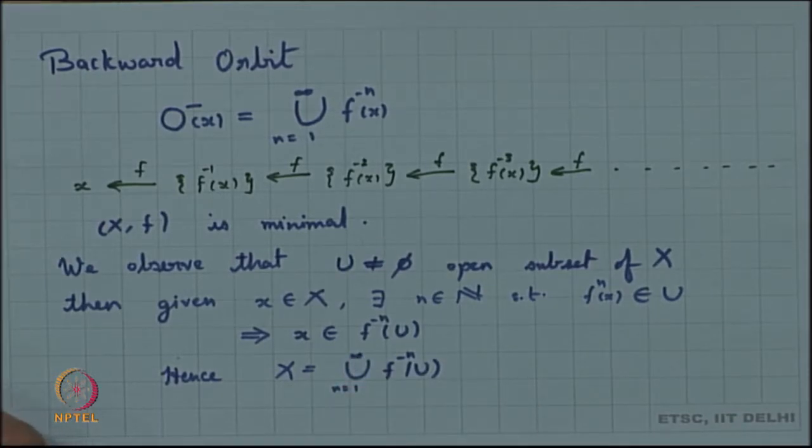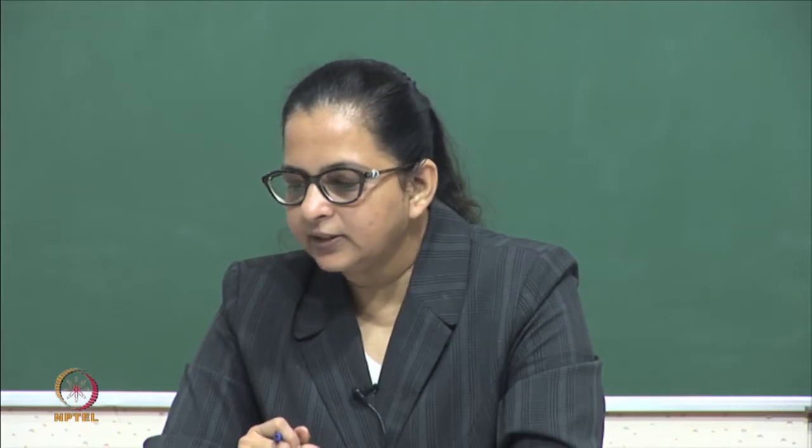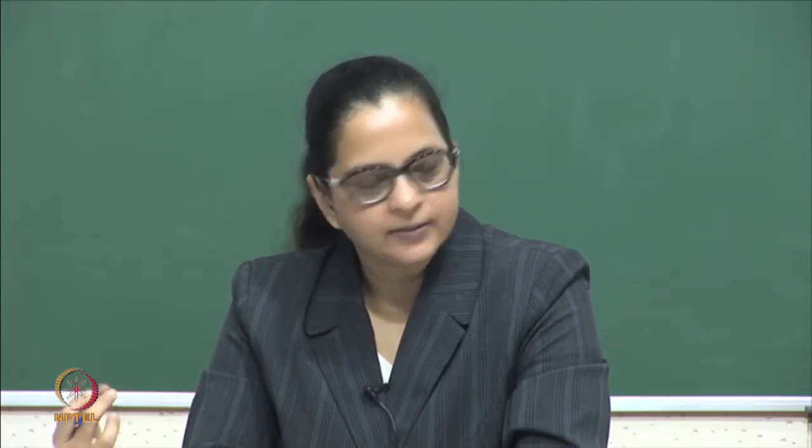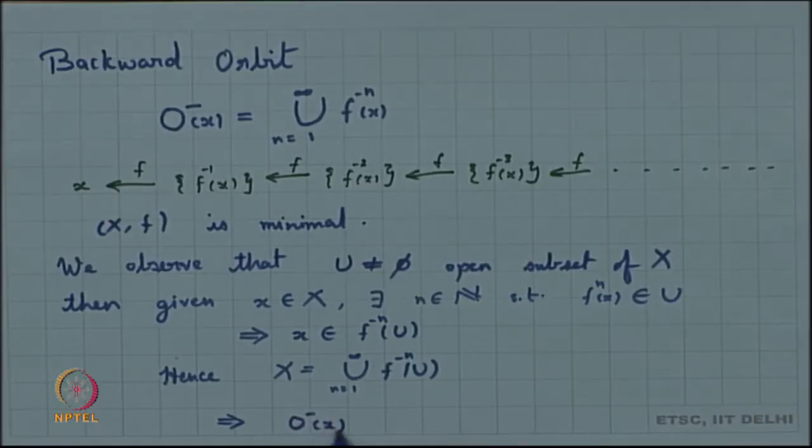Think of this fact: X is the union of f minus n of U. That tells me that if I pick one point x, the negative orbit or backward orbit of x will be dense in X.